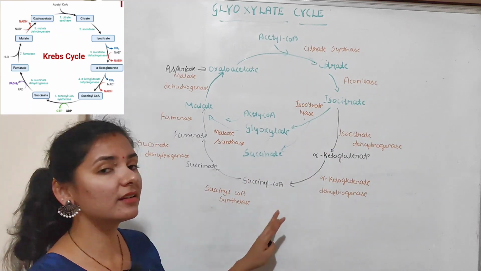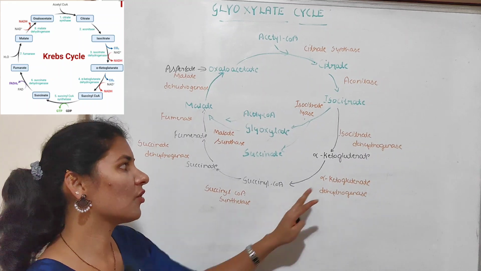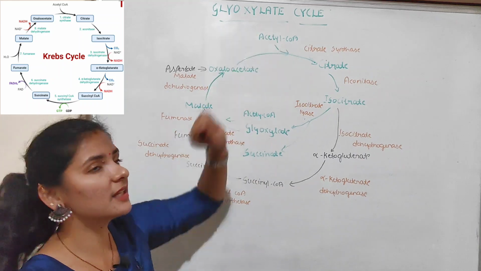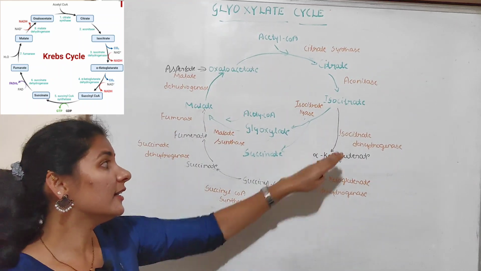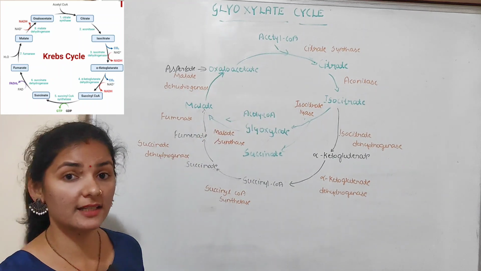So these two are the decarboxylation steps. Decarboxylation means carbon dioxide is released in both steps. But in the glyoxylate cycle, these two steps are bypassed, or the decarboxylation steps are skipped.